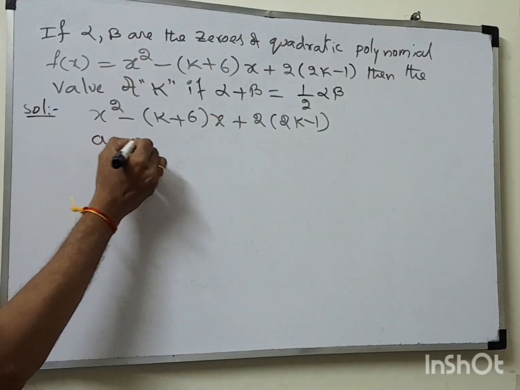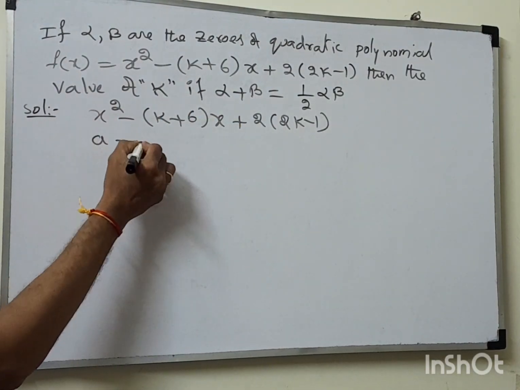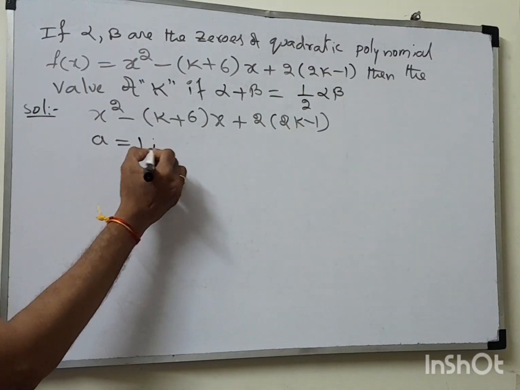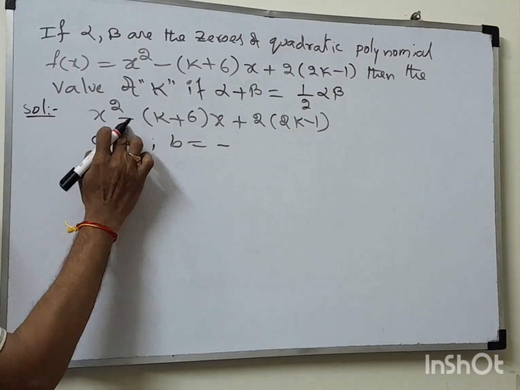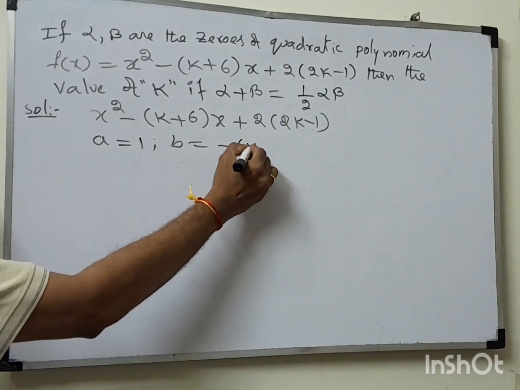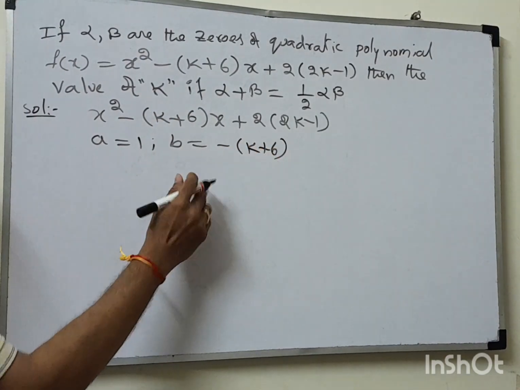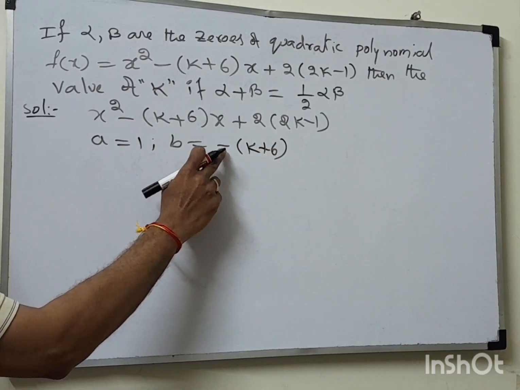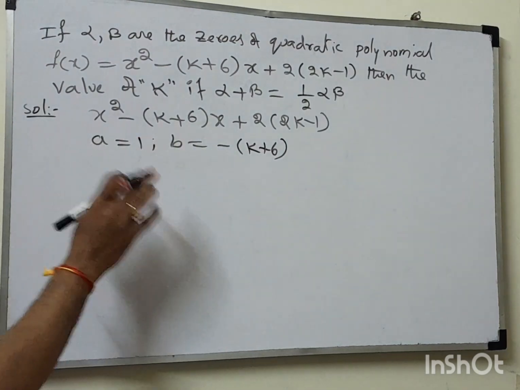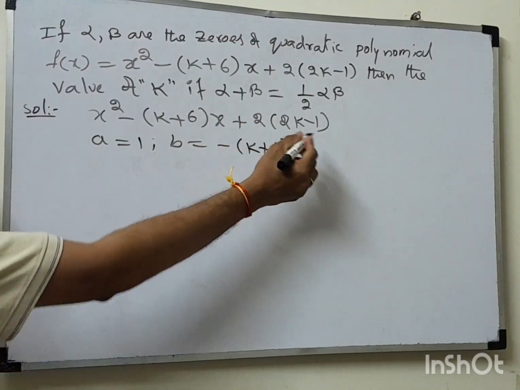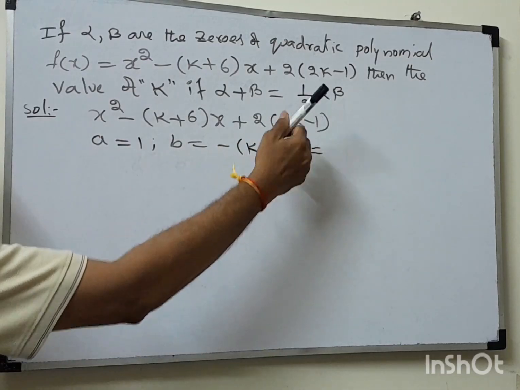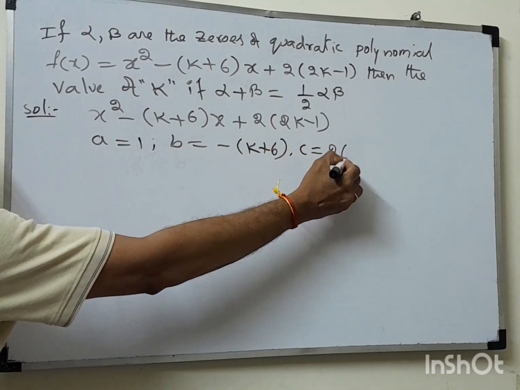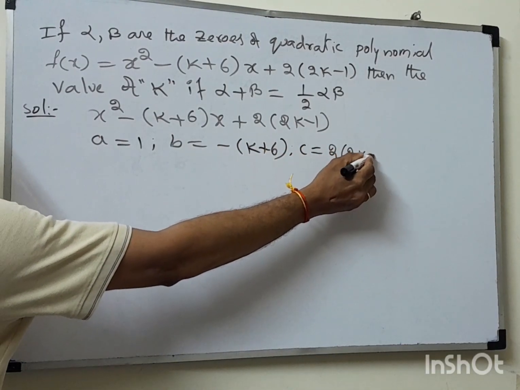So a equals the coefficient of x square, that equals 1, and b equals the coefficient of x, that is minus of k plus 6. People generally make mistakes at this sign only. They miss the sign, then the problem will be wrong. And then c will be the last constant term, that is 2 into 2k minus 1.